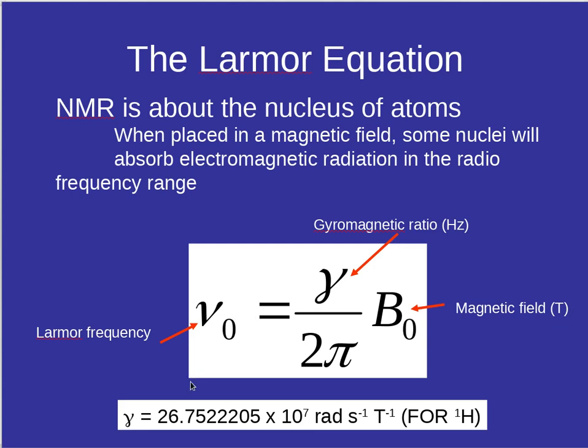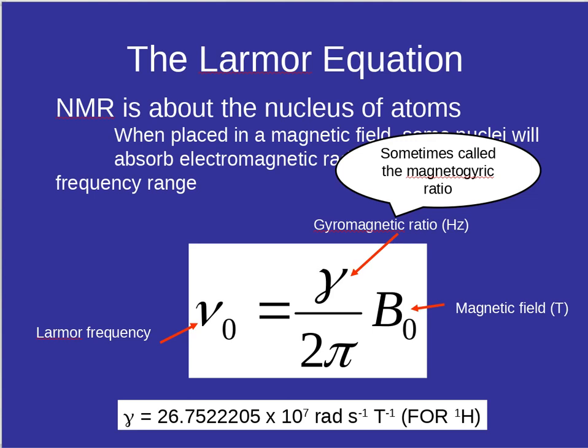But if you wanted to calculate the frequency at which a hydrogen nucleus resonates in a magnetic field, you need to look up the gyromagnetic ratio. You need to know the field strength of the magnet you're placing that hydrogen atom into, and you divide by 2 pi to get the Larmor frequency. Just please note that sometimes this gyromagnetic ratio is called the magnetogyric ratio. Those are the same things.